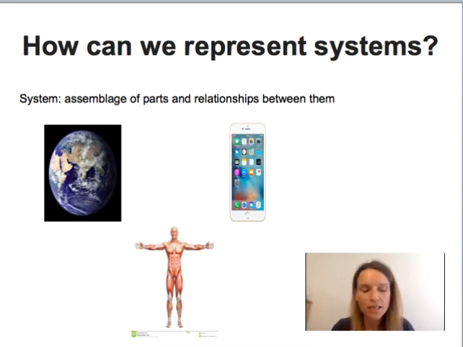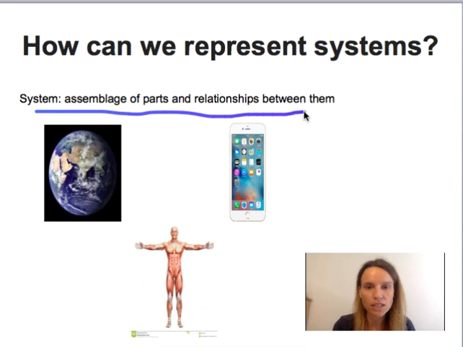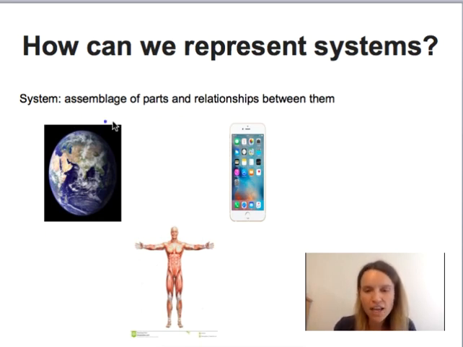So when we talk about a system, I'm going to get going with my pen again here. We are talking about an assemblage of parts and the relationships between them. So all of these things that are pictured on the left could be considered systems.